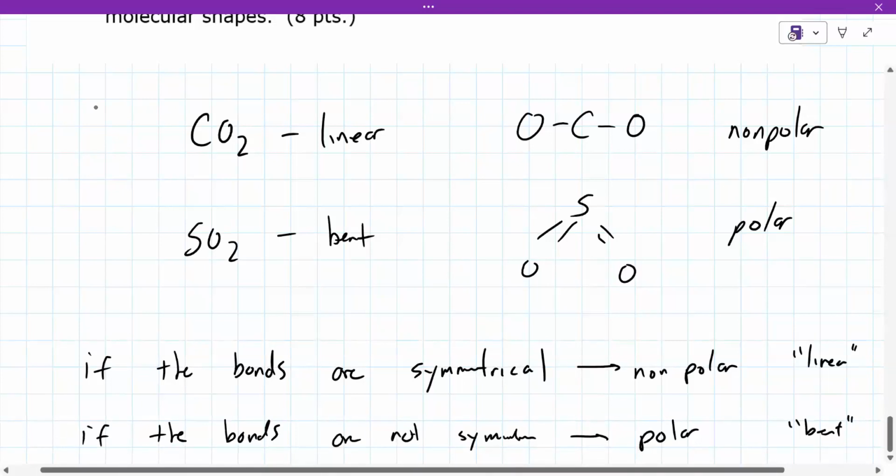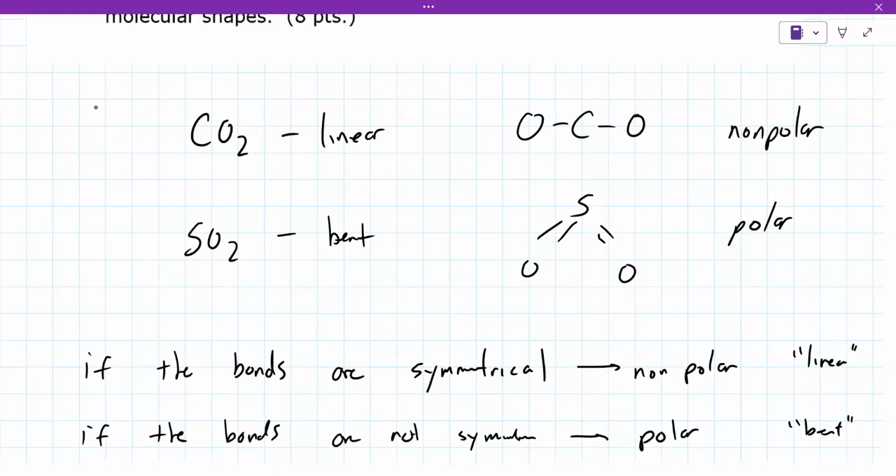I wrote: if the bonds are symmetrical, then it's non-polar, and if they're not symmetrical, like the bent one, it's polar. CO2 is linear, which means it's in a straight line and non-polar, and SO2 is bent in shape. That makes sense. Okay.